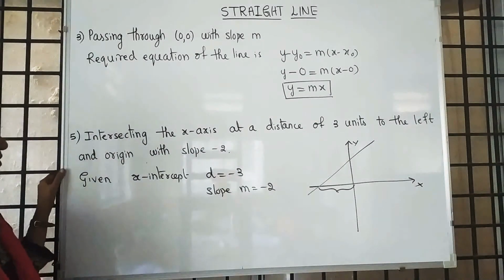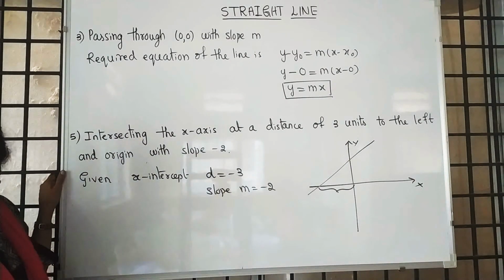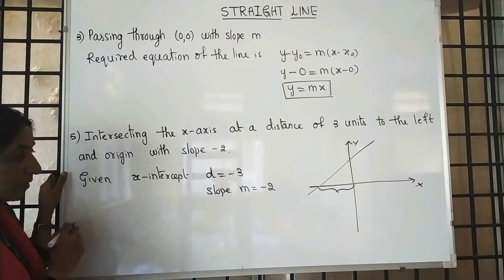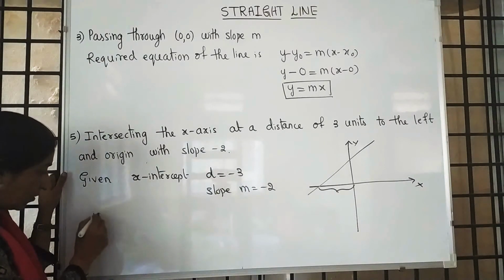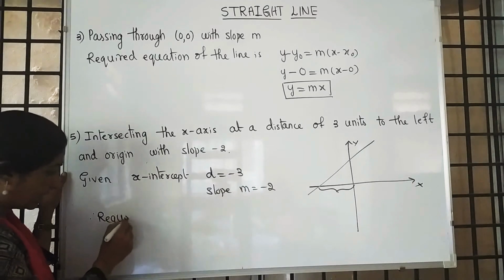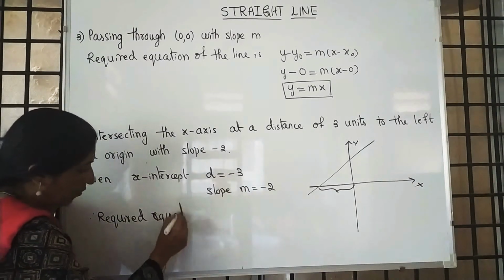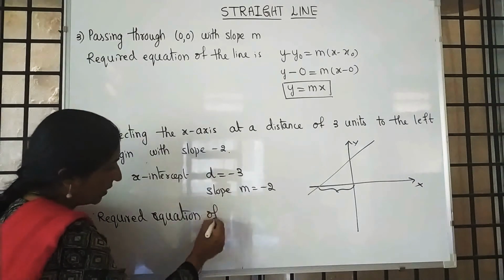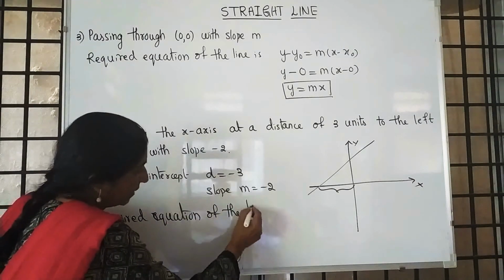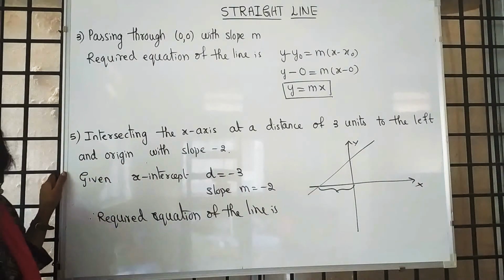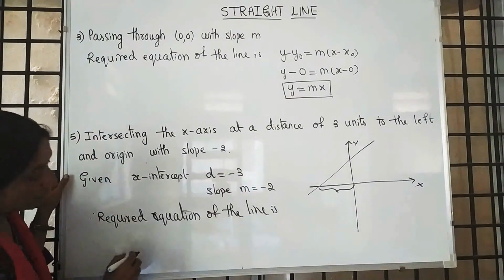Have you remembered the x-intercept form of a straight line? The formula is y is equal to m into x minus d. Required equation of the line is y is equal to m into x minus d.